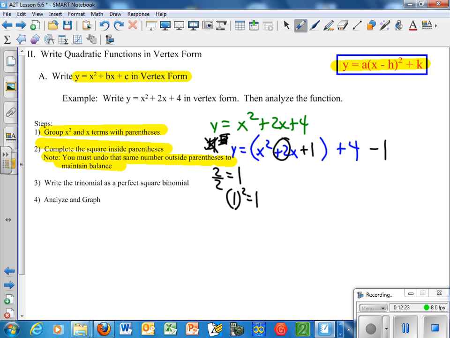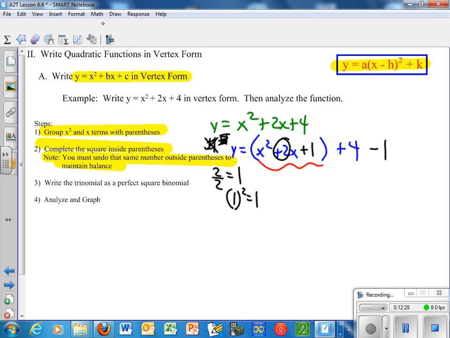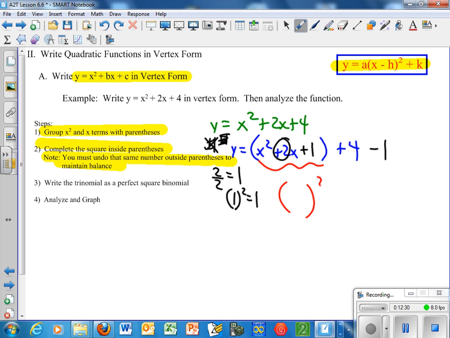Now you're going to write this trinomial right here as a binomial squared, meaning here's what we have. Remember what goes in here? Whatever I squared to get this, so this value right here, it's a positive 1 goes in there. These two right here get combined, and so I have positive 4 and a negative 1 combined is 3.